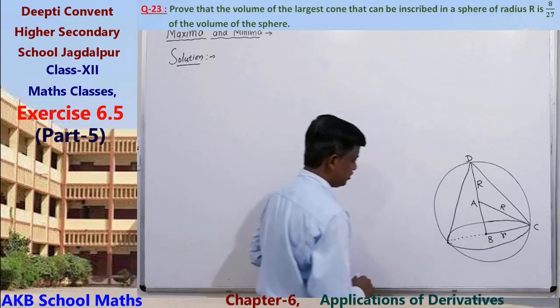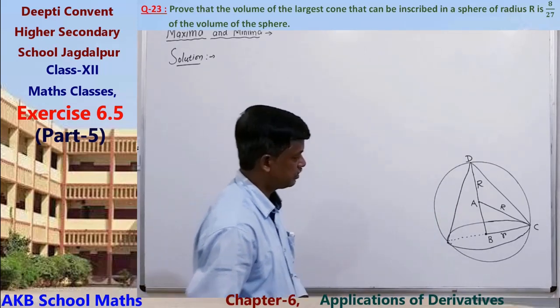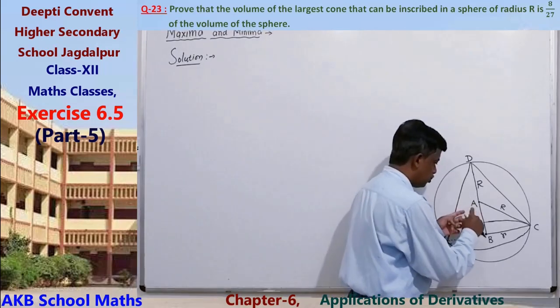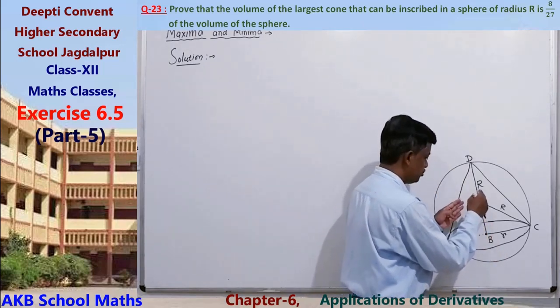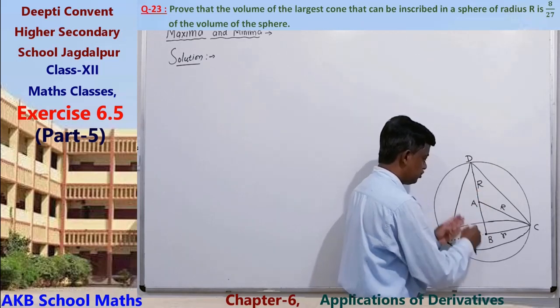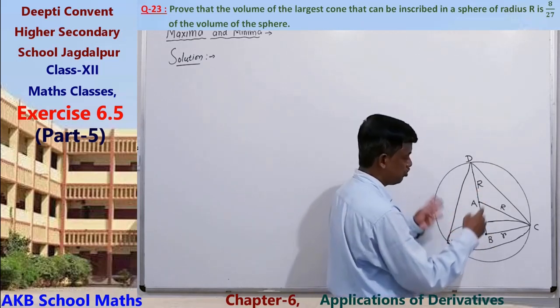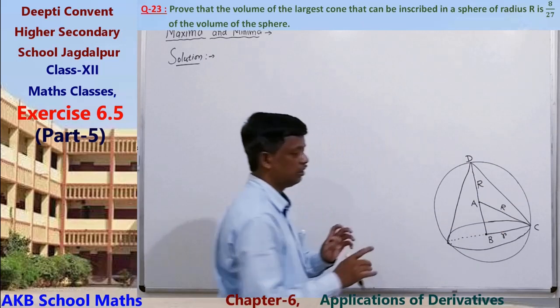So we have to show that when the volume of the cone is largest, the largest volume of the cone is equal to 8 by 27 of the volume of the sphere. We have to prove it.